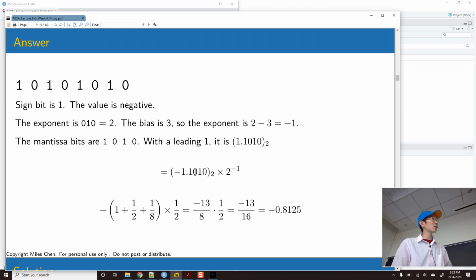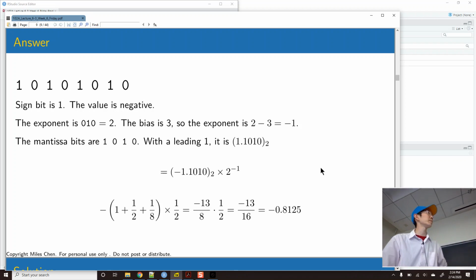The next is 0, that's the quarters position. The next is the 1/8ths position, and we have 1 of those. So we have 1 plus 1/2 plus 1/8, and no 16ths. We multiply that by 2 to the -1, or we multiply that by 1/2. This adds up to -13/8, times 1/2, and we get -13/16. And so this number represents -0.8125.